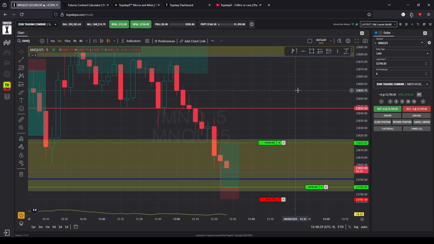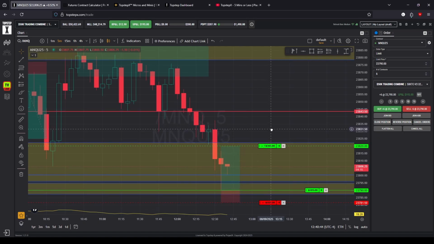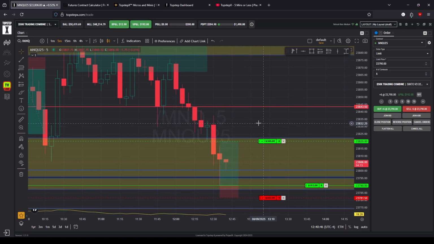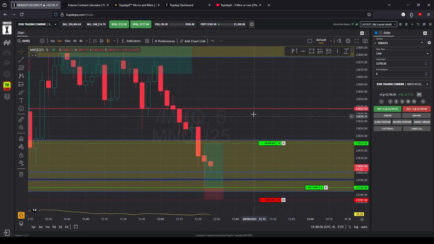So I'll just wait this out. The reason I'm staying here is because I am thinking of taking this up here and being a bit greedy. You know, 360 is a really nice trade, but if it does break through, then I want to cash in on it. It'll be 600 here, and then I could just trail it.